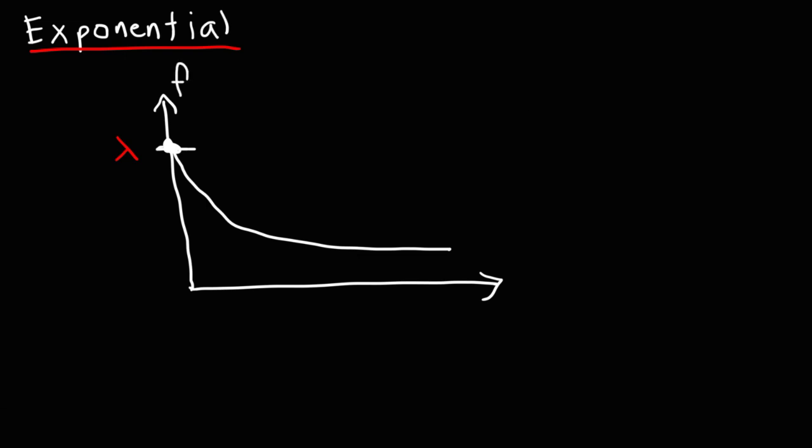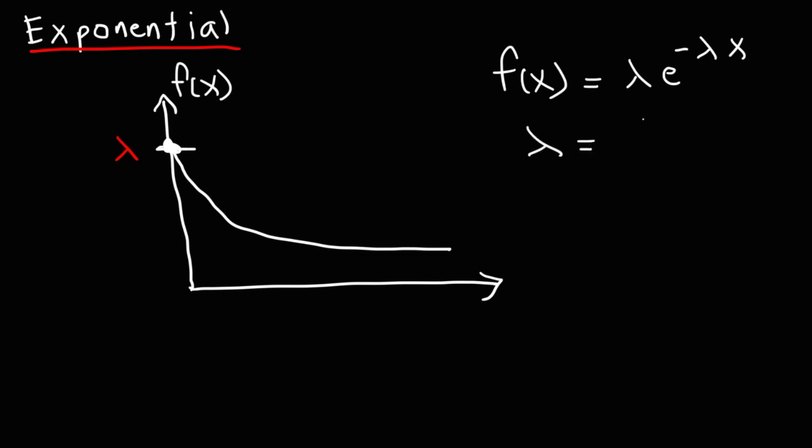The function f of x is the probability density function, and it's equal to lambda e raised to the negative lambda times x. Lambda, the rate parameter, is 1 divided by the mean, and the mean is equal to the standard deviation for an exponential distribution.